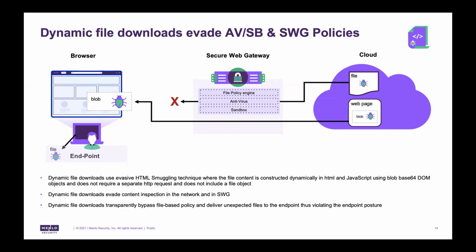And it does not require a separate HTTP request, and it doesn't include a file that can be scanned. So the HTTP request that would traditionally create the file doesn't happen, because it's executing code on the browser. And the network security devices can't actually scan the file because there is no file. The file is created dynamically on the browser on that endpoint. And so it evades all those techniques that might traditionally have caught these things in the past.